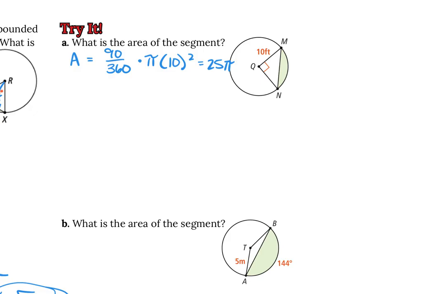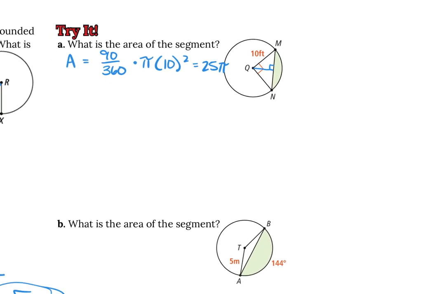Okay, I want to find the height of this triangle, and I'm splitting a 90-degree angle in half, so I'm creating a 45, 45, 90. So if I create a 45, 45, 90, I know that this side would be congruent to this side. So I'm going to set this up as 10 squared equals h squared plus h squared, because I don't know what either one of those measurements is.